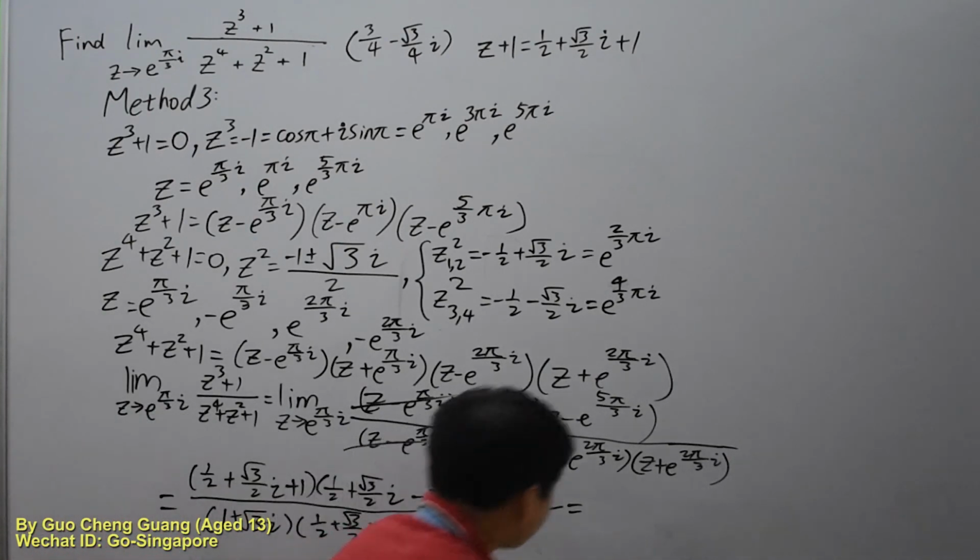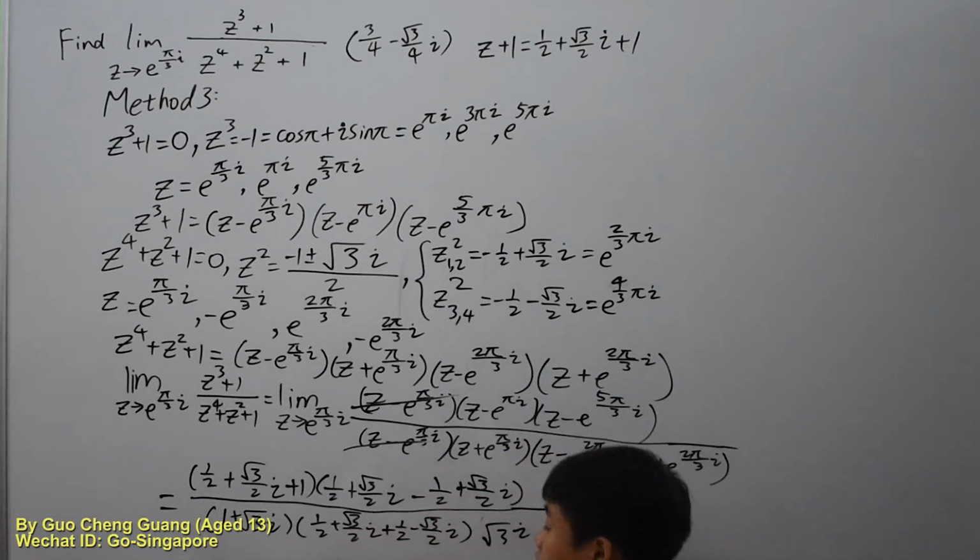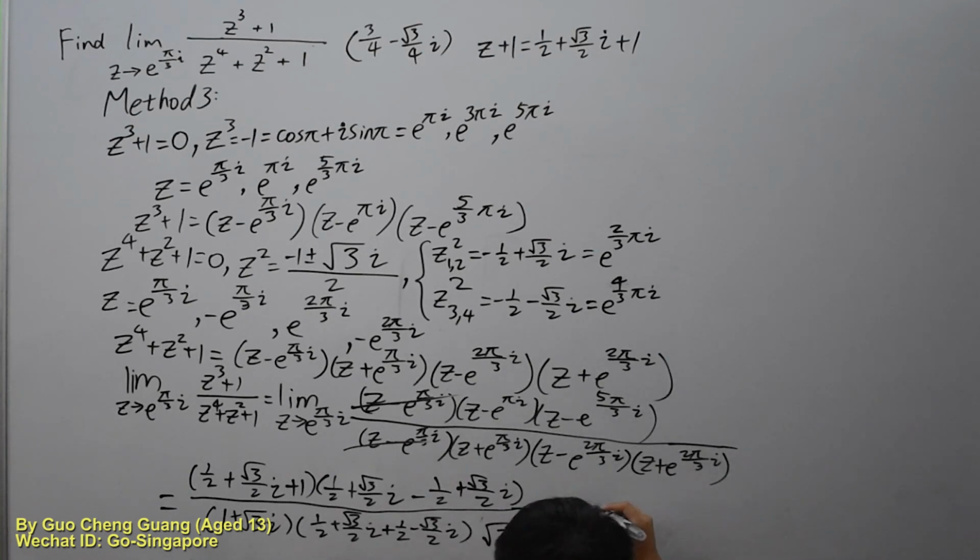So the only part that you would have to find would be half, and here is square root 3 plus 3 over, and wait, there is i here, or 3 plus square root 3i, whichever you prefer. And here is 1 plus square root 3i.